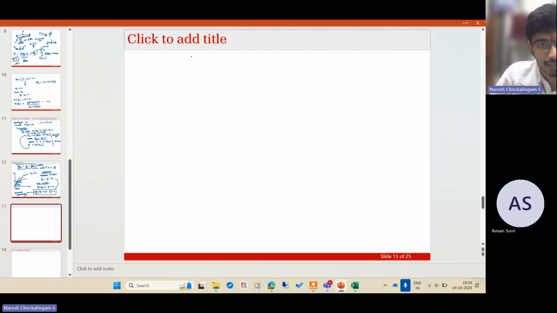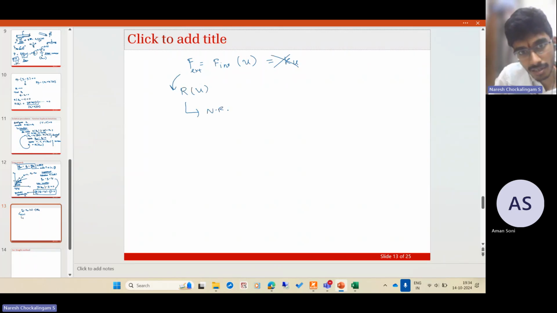If you have some externally applied forces, any problem, you can put it in this format: F external is F internal plus something. If this turns out to be KU, it's a linear problem, but otherwise it's a nonlinear problem. So you linearize it, get the residual as a function of u, then set up a Newton-Raphson iteration.